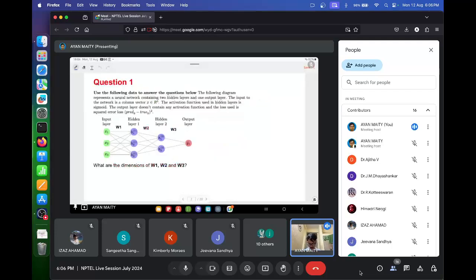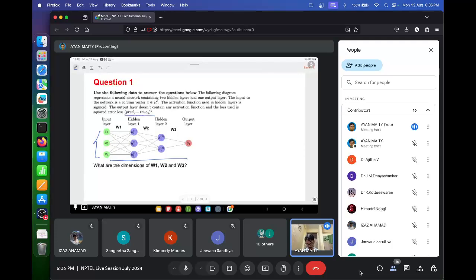So this is the first question. A multi-layer perceptron neural network is given. As you can see, there are two hidden layers, one input layer and one output layer, and the input is three-dimensional. The input vector is of length 3, and the loss function used is the predicted value of y minus the true value of y, squared.